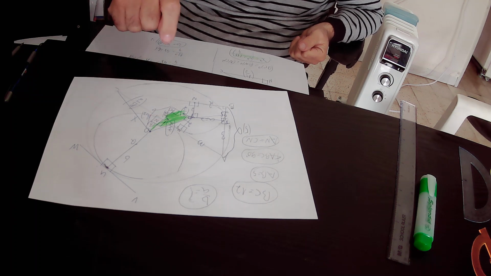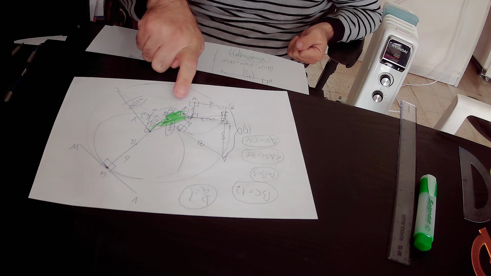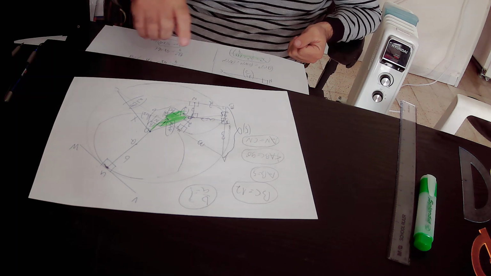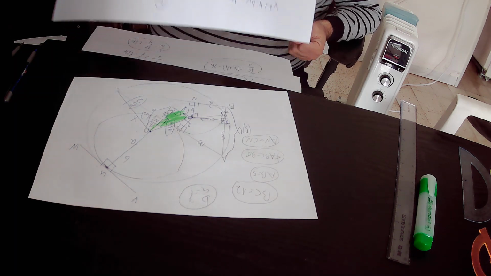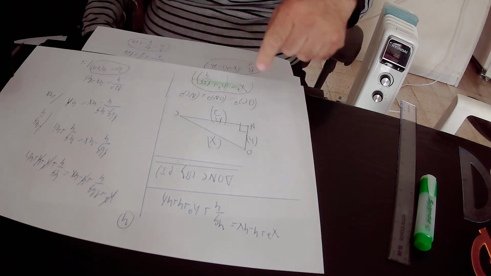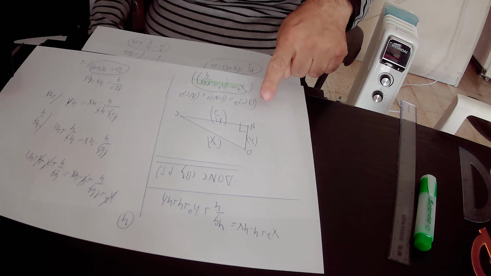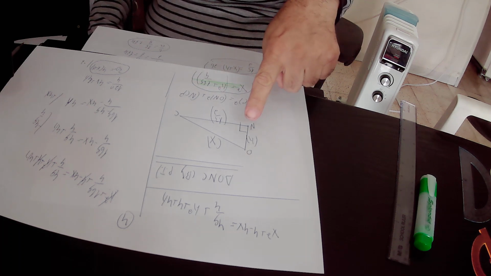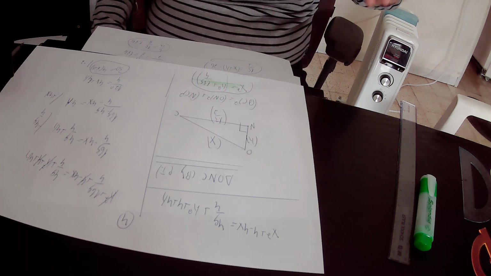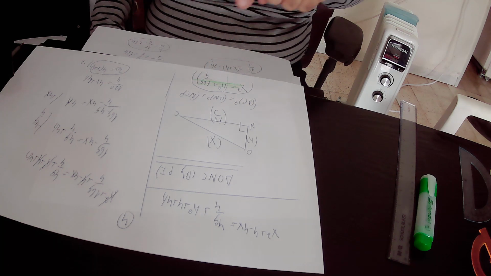ON equals to h according to our definition, and we already found out that NC equals to 13 over 2. So this is the right triangle ONC that I copied from the original drawing. ON equals to h, NC equals to 13 over 2, and therefore OC equals to x. According to the Pythagoras theorem, OC square equals to ON square plus NC square.